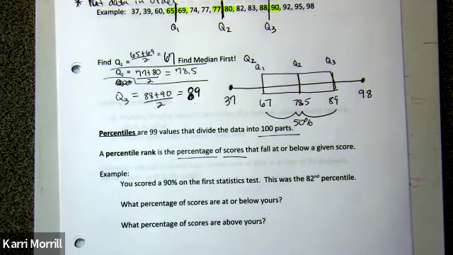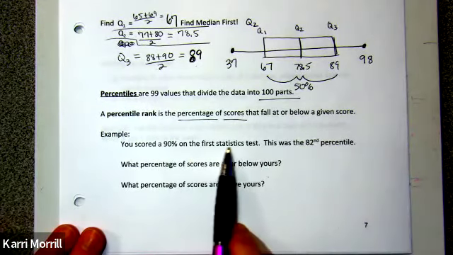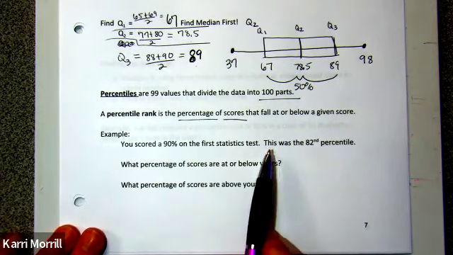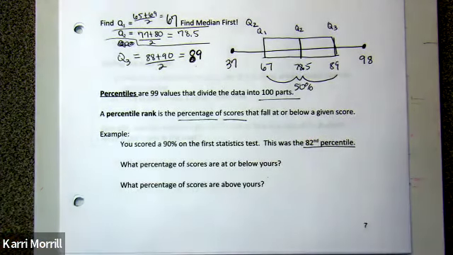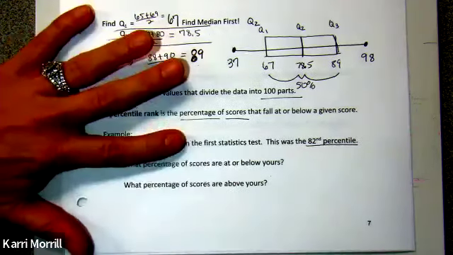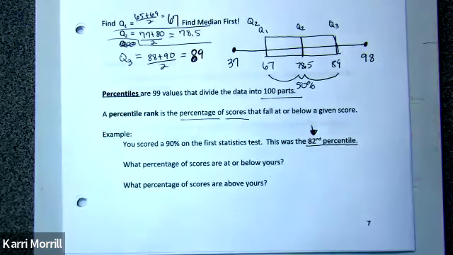So if we talk about percentile rank, it says maybe you scored a 90% on the first statistics test. This was the 82nd percentile. So what this means is what percentage of scores are at or below yours. We don't really care about what your score was. We're saying that 82% of scores are at or below yours.